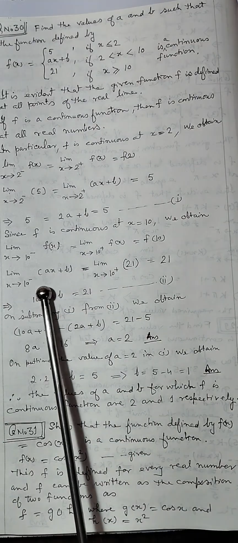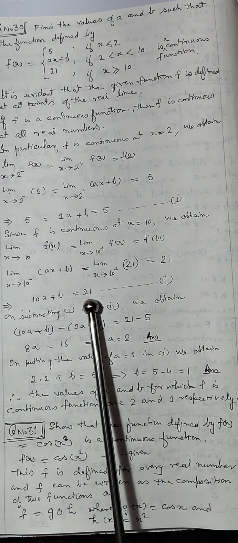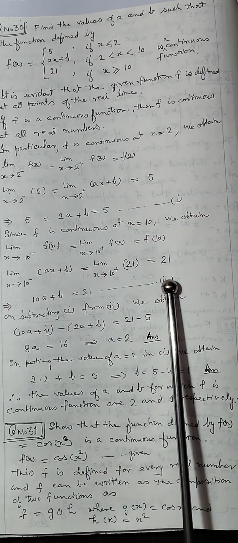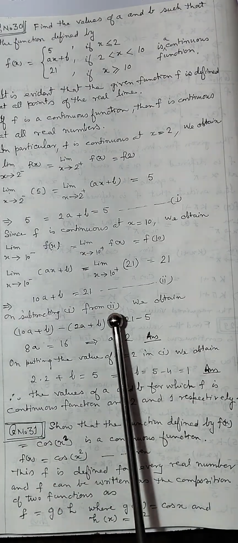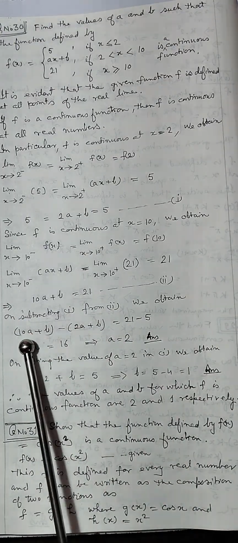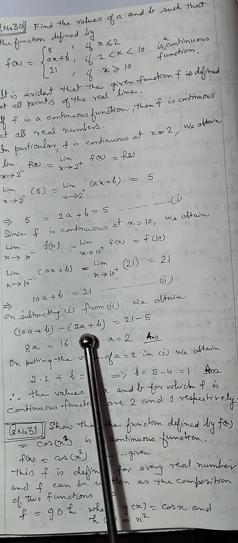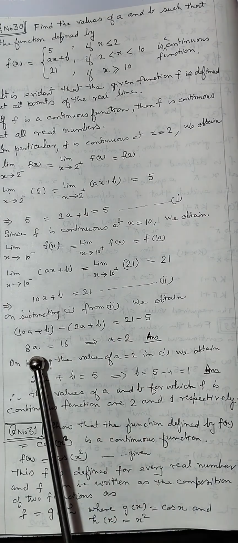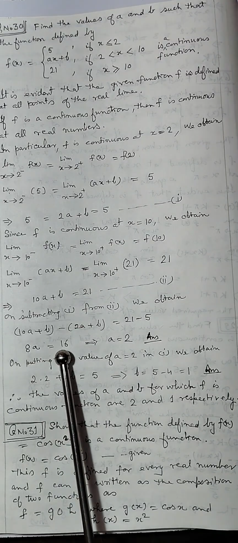So it has been replaced by 21. Now just substitute the value. 10a plus b is equal to 21. This will be our second equation. So with the help of the first equation and second equation, on subtracting the first from the second, we obtain (10a plus b) minus (2a plus b) equal to 21 minus 5. Ultimately solving it, you will get 8a is equal to 16.